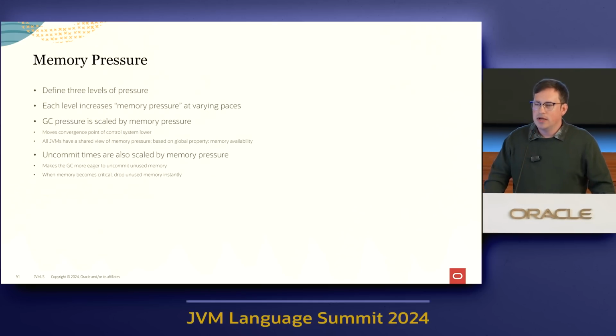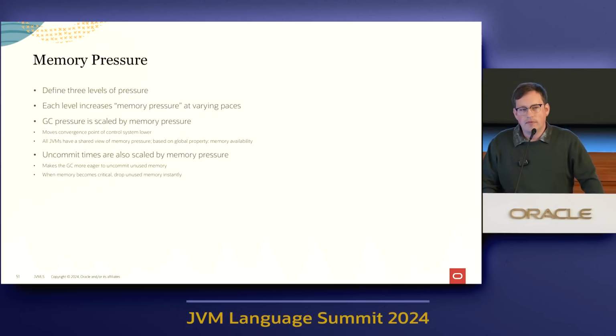And the way we do this is to define something I call memory pressure. So we have 3 different levels of pressure on the system by looking at how much memory is left on the machine. And once we computed the memory pressure, we can scale the GC pressure by the memory pressure. And by doing that, we're essentially moving the convergence point for the heap sizing algorithm.